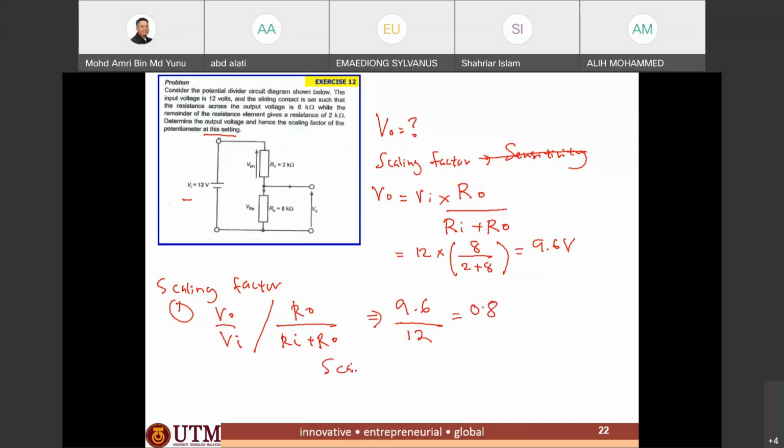Therefore, the scaling factor is 0.8 or 80%.